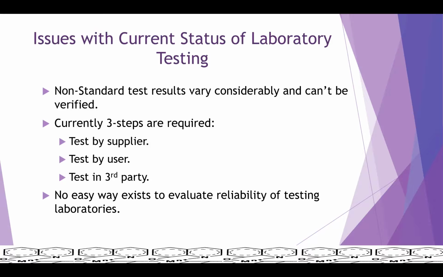And also, there is no easy way to evaluate the reliability of testing laboratories, whether it is third party or the supplier or the user. For example, if you are going to test a material for a medical implant, that lab must qualify itself using ASTM G5.